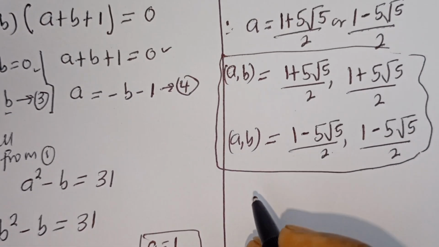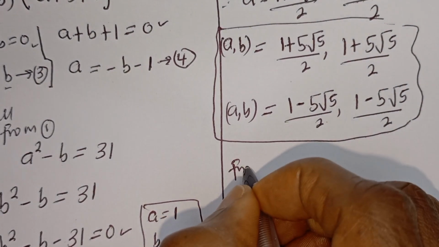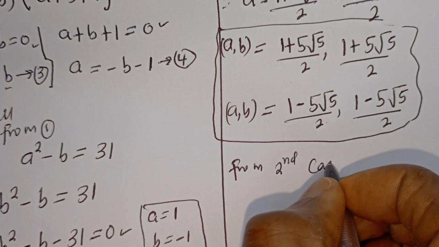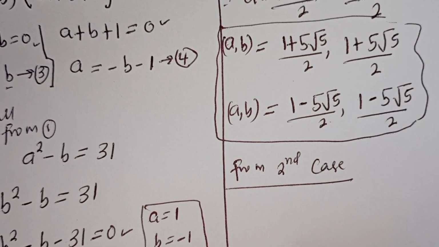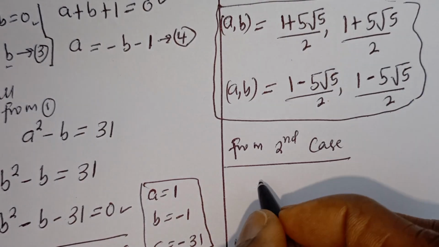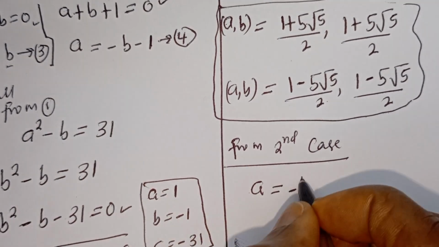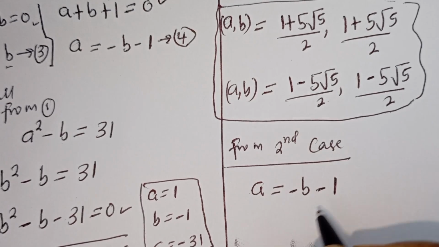Let's consider the second case. From the second case, we have a is equal to minus b minus 1.